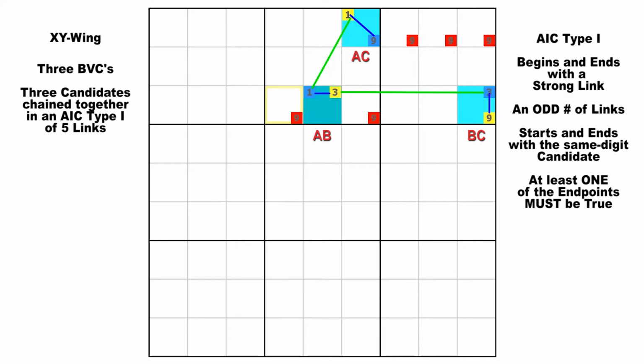This ensures that at least one of the endpoints must be true, which further allows us to eliminate any same-digit candidate that can see both ends of the chain. So here in this diagram, either the blue 9 or the yellow 9 must be true, so all the red-colored 9s would be false. Simple, right?